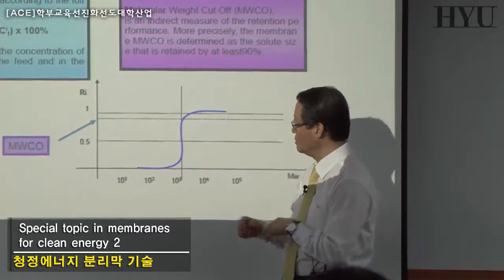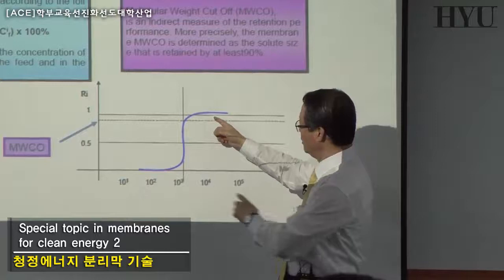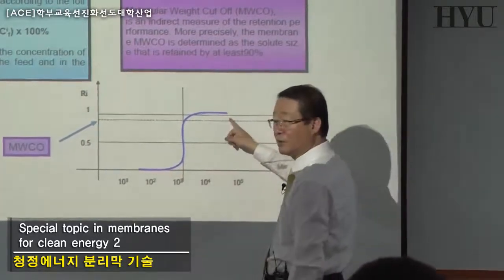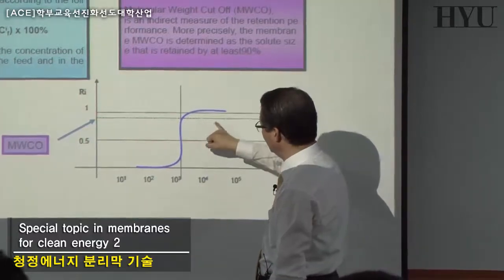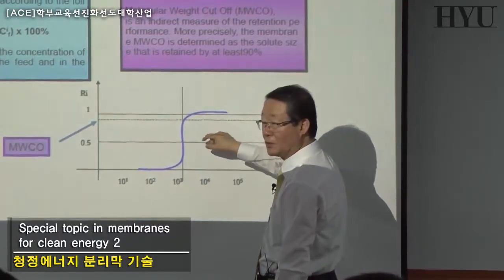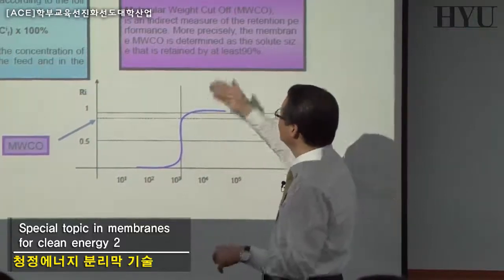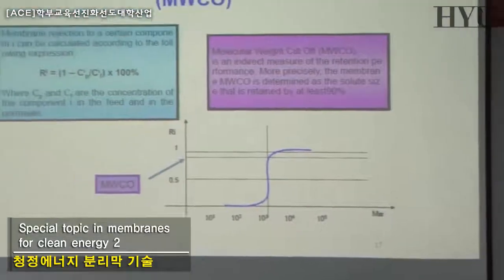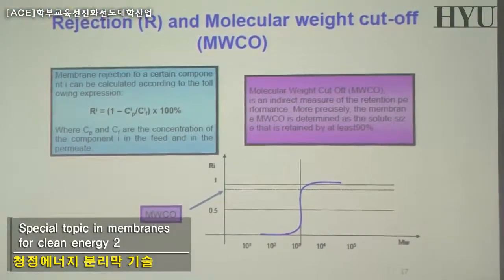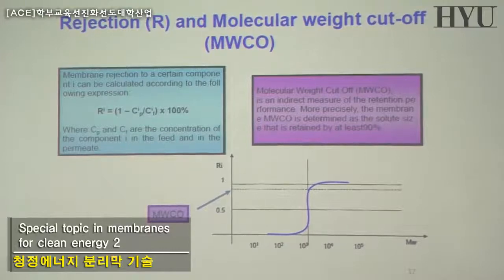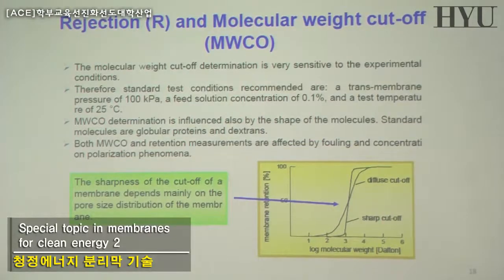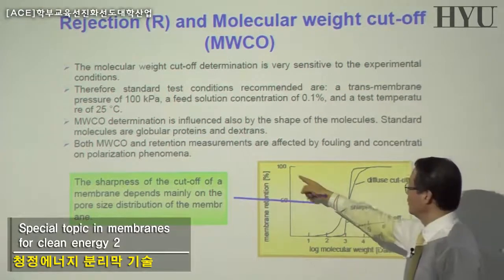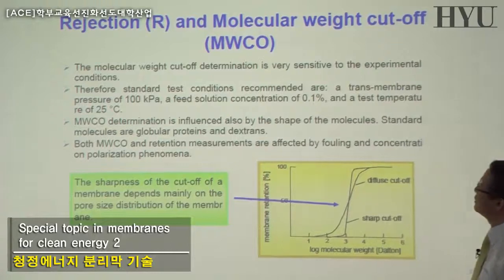But in many cases you have a little different curve, and it's very difficult to decide whether you define it at 90% or 60%. But anyway, MWCO is defined as the point of at least 90% rejection. Whether you have a quite sharp cutoff or a diffuse cutoff, MWCO can be determined in this way.